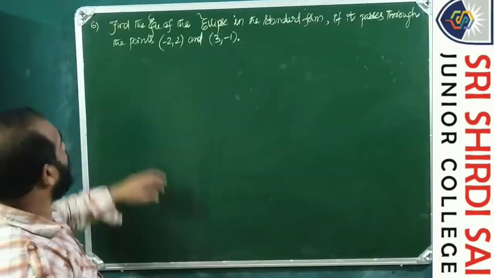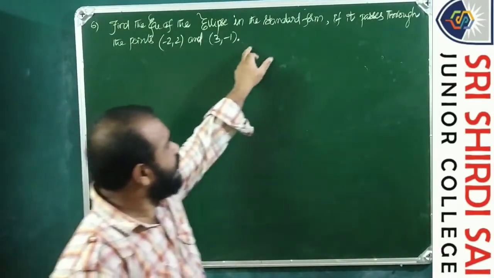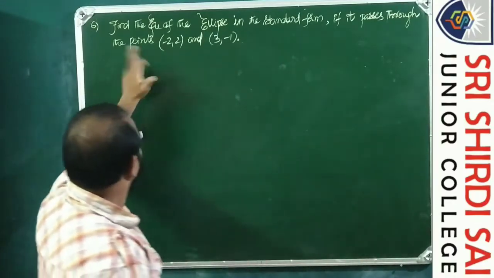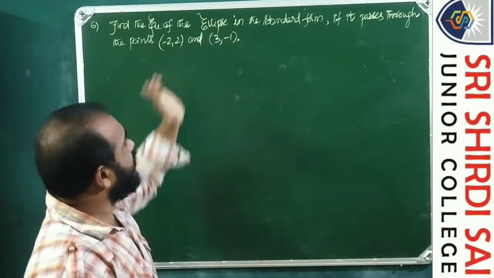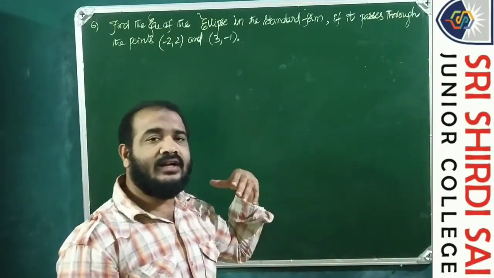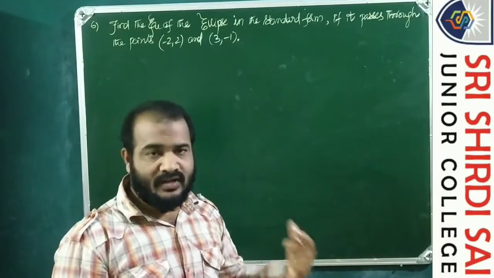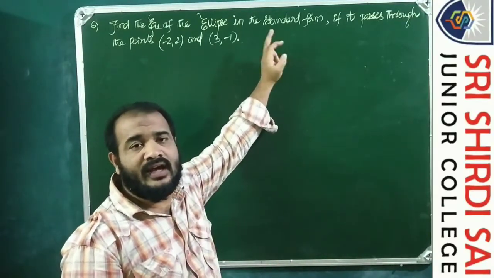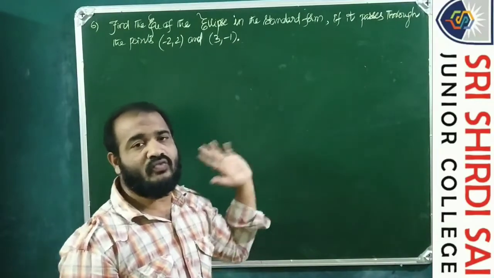Find the equation of the ellipse in the standard form if it passes through the points minus 2 comma 2 and 3 comma minus 1. Unless and until it is mentioned, let us take the a greater than b case only. So the standard form means x square by a square plus y square by b square equals 1.